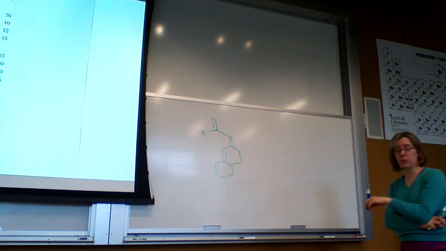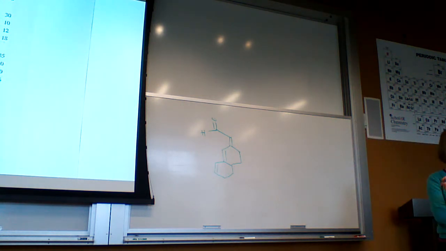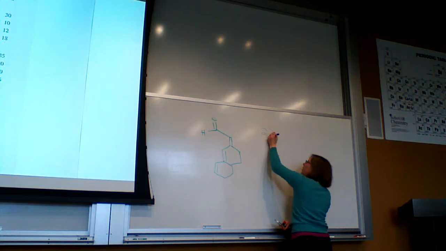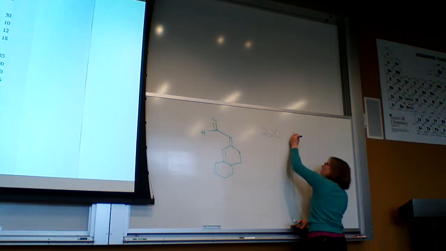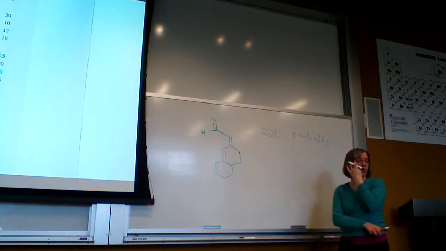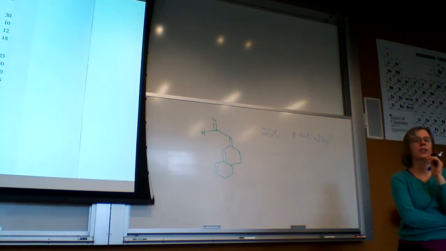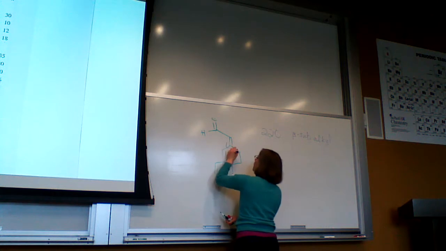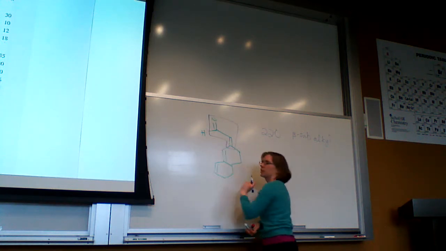In general, we don't count it when it's part of the conjugated system. So we're going to start with 220 for a beta substituted alkyl. Remember, we're talking about the alkyl substituted. Where are we seeing that? Is that the bottom? This is going to be our parent.